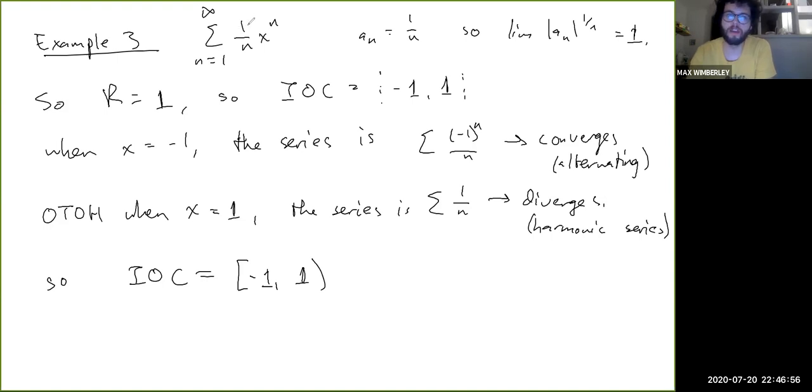If you take any series of positive terms where the terms approach 0 but the series still diverges, and then make that the series of coefficients, then when x becomes -1, it'll become an alternating series. So you'll get a closed endpoint on one side. And if you make the coefficients themselves already alternating, then it flips which side the closed endpoint is on. I think we'll see an example of that one too, probably in the next video. So anyway, that's that one.